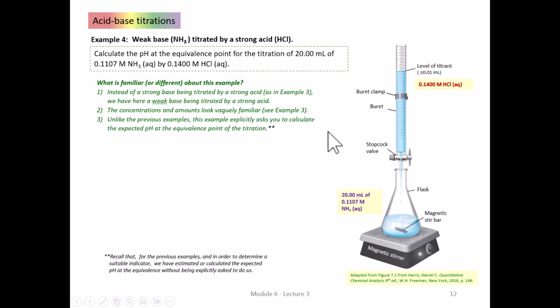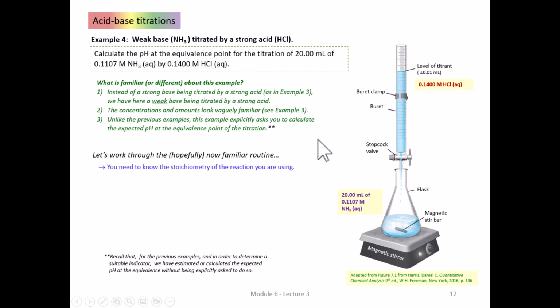And unlike previous examples, this example explicitly asks you to calculate the expected pH at the equivalence point of the titration. Recall that in the previous examples, we either estimated or calculated the pH at the equivalence point in order to pick out an indicator. But in this question, it just flat out asks for the pH at the equivalence point.